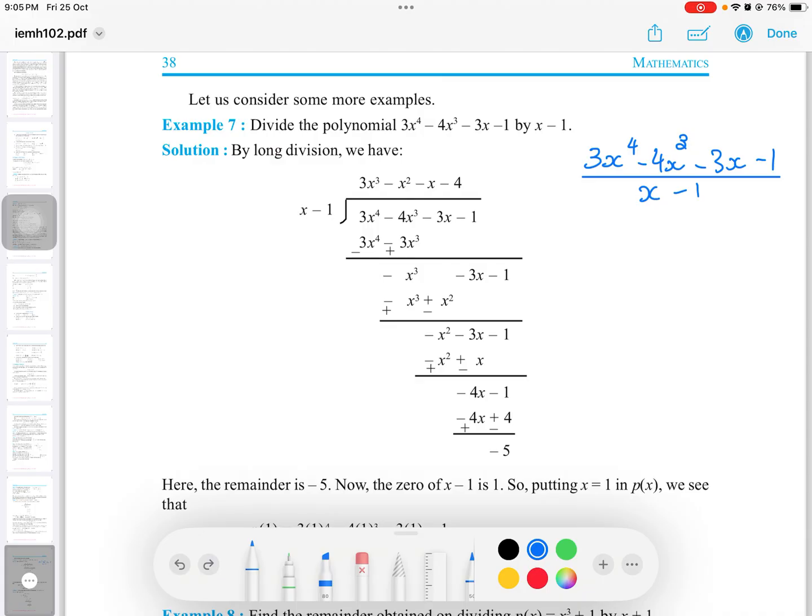Now this would be your dividend by your divisor.